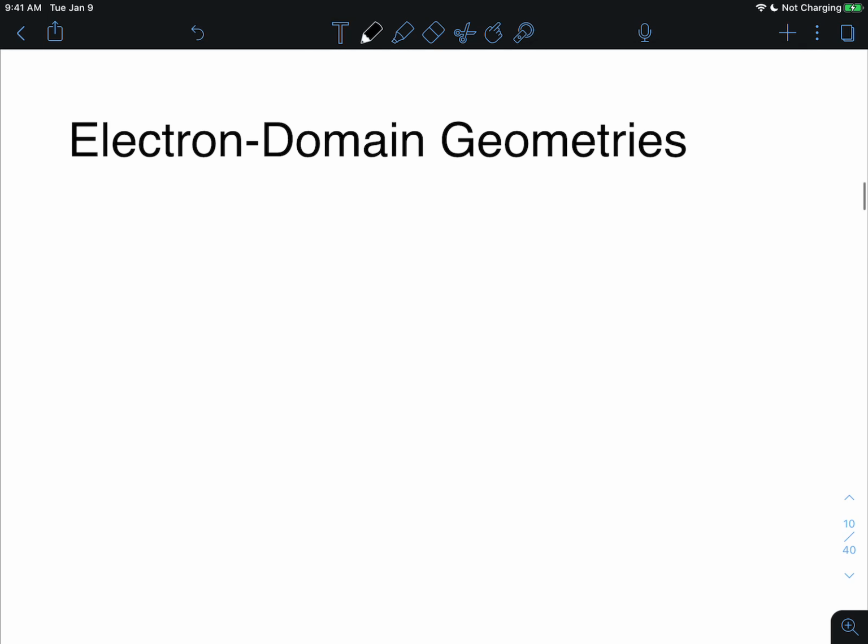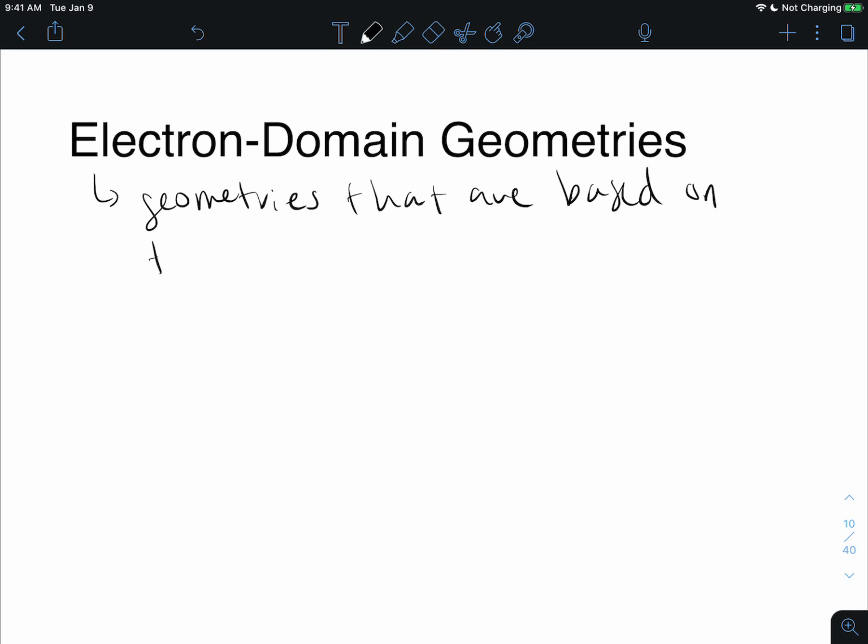So let's look at our electron domain geometries. So the electron domain geometries, these are geometries that are based on the initial ABN geometries. Okay.